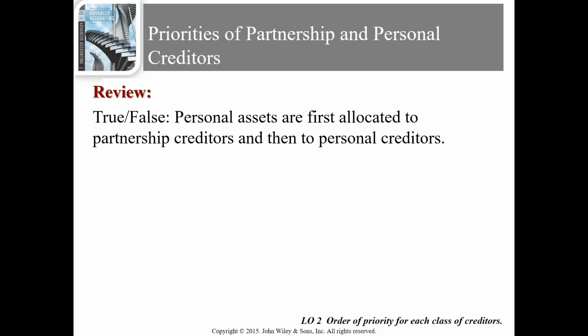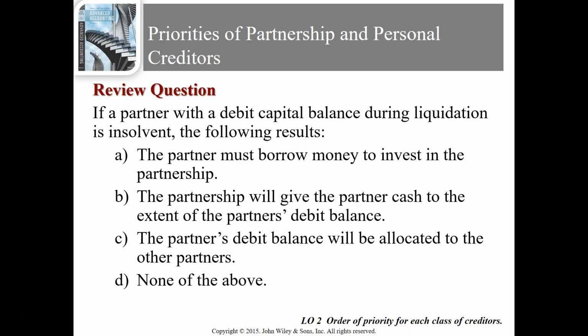Review question, true or false? Personal assets are first allocated to partnership creditors, then to personal creditors. And the answer there is false. Review question. If a partner with a debit capital balance during liquidation is insolvent, the following results.